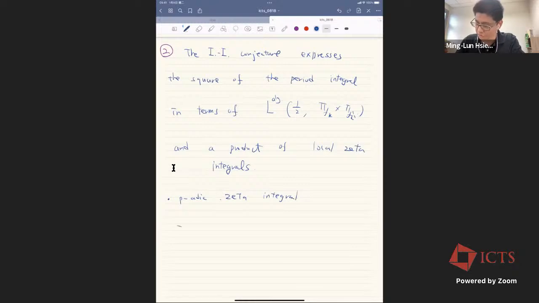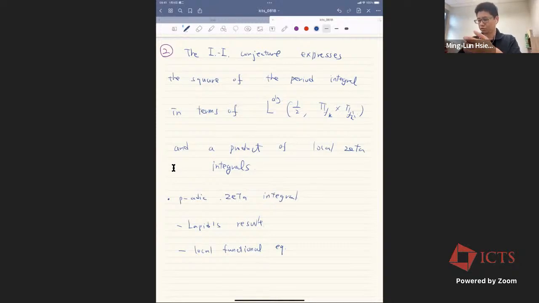So we use Lapid's result, which tells us this local zeta integral is a product of two Rankin-Selberg integrals for GO3 cross GO2. Okay, and then we use local functional equations to change the Rankin-Selberg integrals for GO3 cross GO2 to GO3 cross GO1.